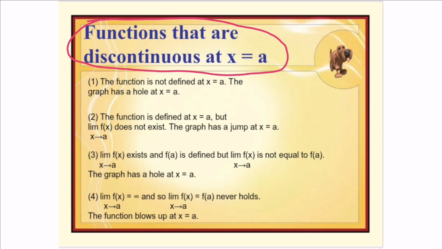In this situation, the graph has a hole at x equal to a. Secondly, the function is defined at x equal to a, but the limit as x tends to a does not exist. So geometrically, this means that the graph has a jump at x equal to a.